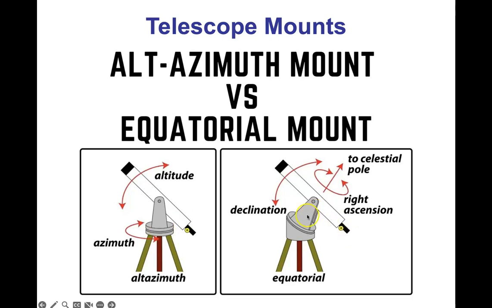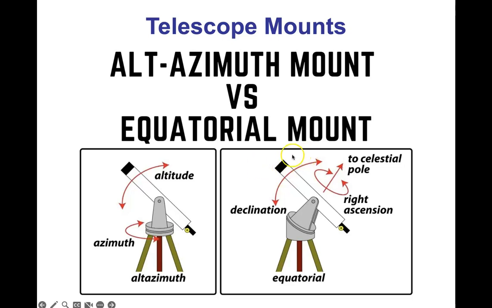The other way is where you mount your telescope at an angle, right? So notice there's this wedge here that is tilting the telescope backwards. Why would you do that? Well, because if you tilt the telescope backwards so that the rotation axis of the telescope lines up with the north celestial pole, then essentially your telescope is lined up with the Earth, right? With the North Pole and the equator.